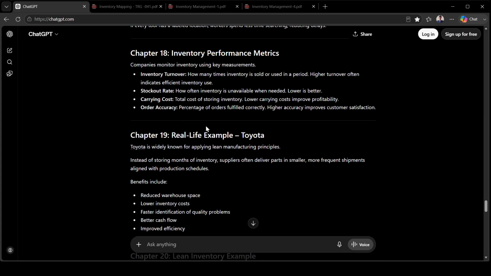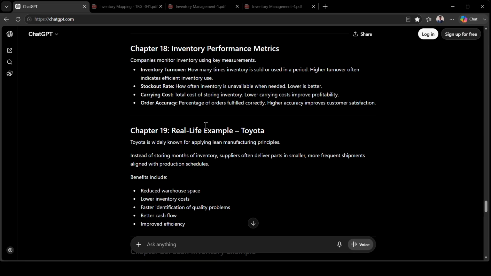In inventory performance metrics, companies monitor inventory using key measurements. Inventory turnover, how many times inventory is sold or used in a period. Higher turnover often indicates efficient inventory use. Stockout rate, how often inventory is out when needed, lower is better.